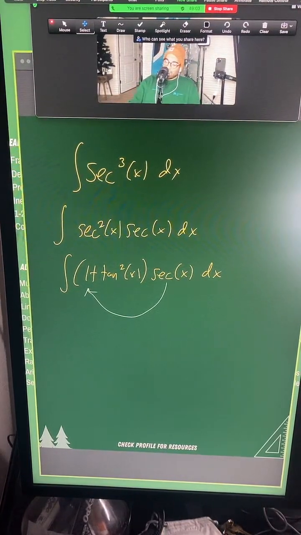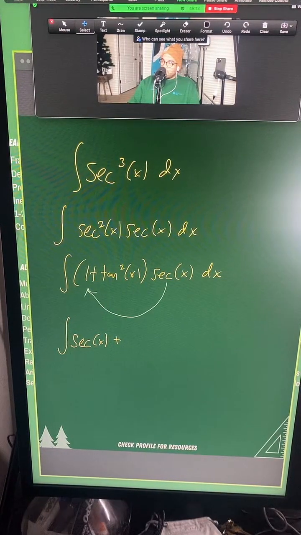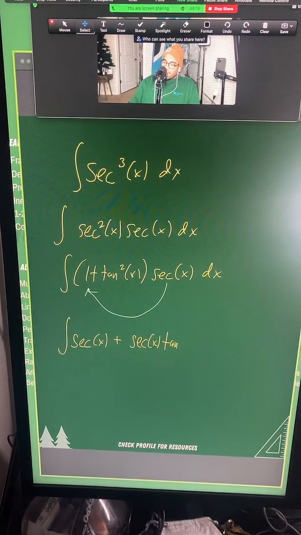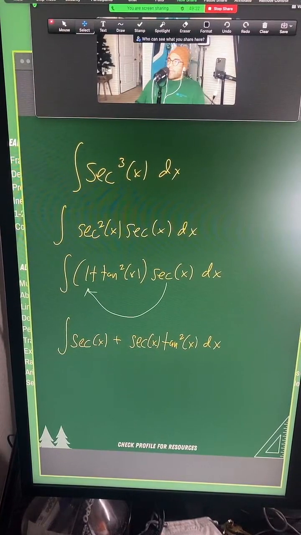Okay, let me go ahead and distribute the secant x. This is where I'm at.